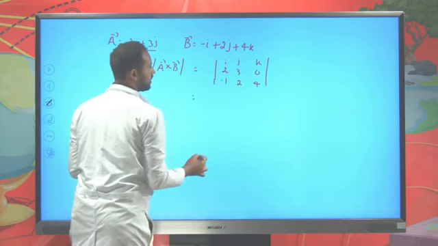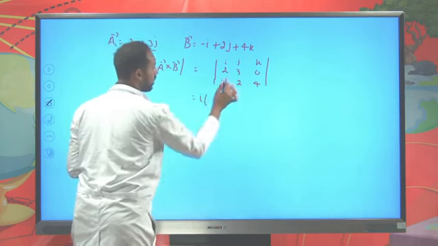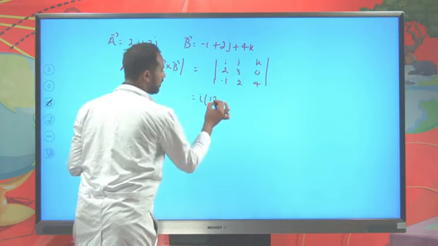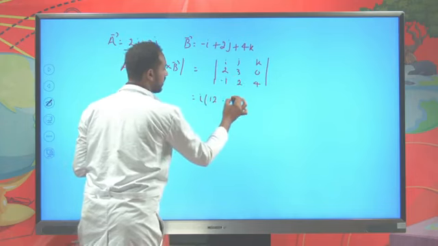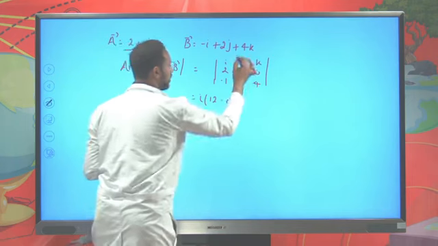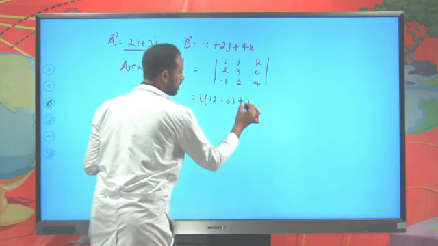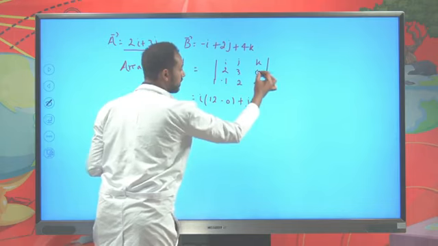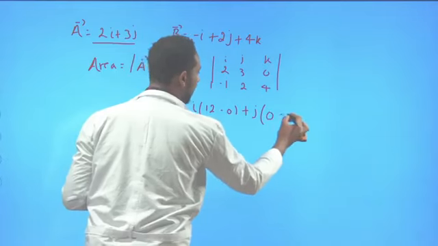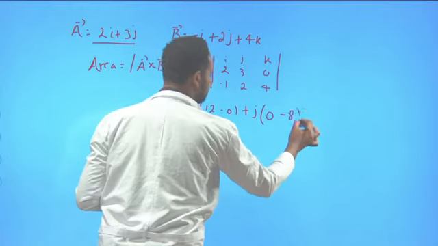For i, you eliminate its row and column: 3 times 4 gives you 12, minus 2 times 0 is 0. Then for j, you eliminate its row and column, with a minus sign: 0 times minus 1 is 0, minus 4 times 2 gives you 8.